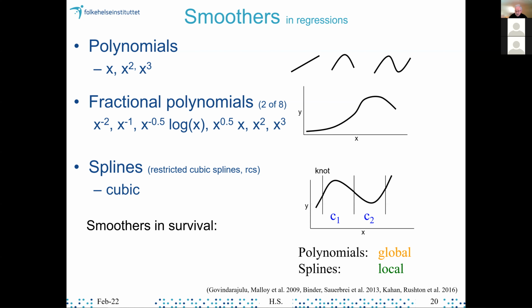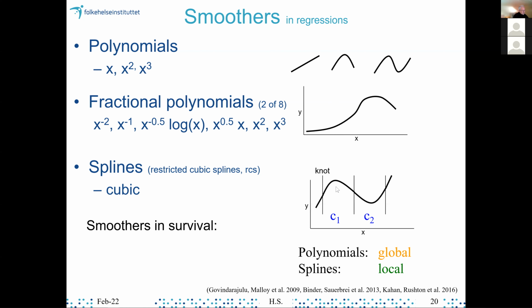Could I please explain the difference between global and local in the smoothing process? The idea here is that if you use polynomials, then whatever is estimated in the tail is mostly dictated from the middle, where you have most of your data. So we have little control over the tails using polynomials.